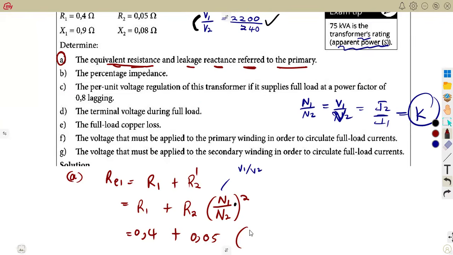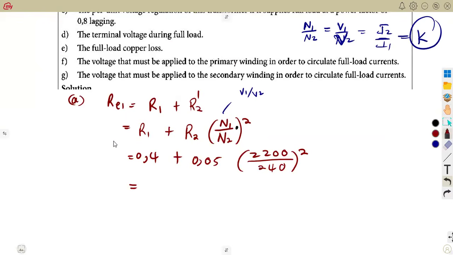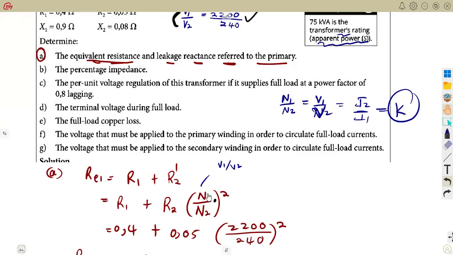Okay, so that's the same thing. 2,200 over 240, everything raised to the power of 2. That was going to give us the equivalent resistance, and that was going to be 4,601 ohms. So that's it there. That's the first part that you are given.